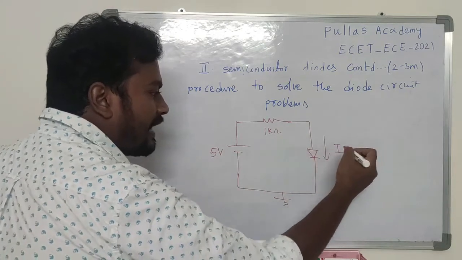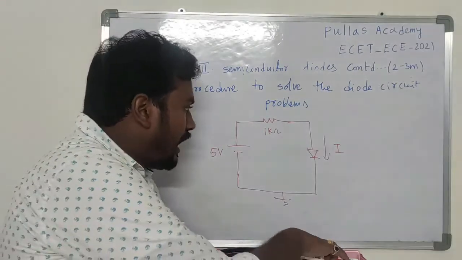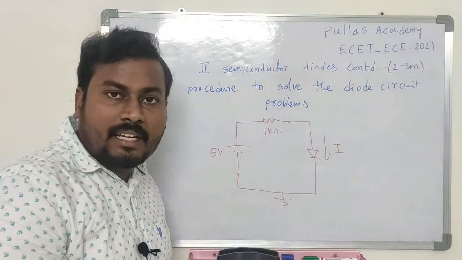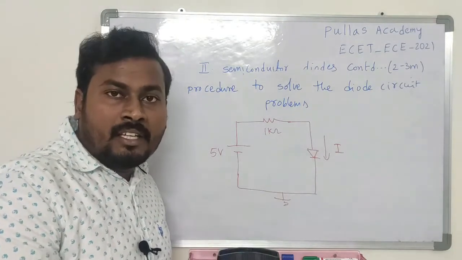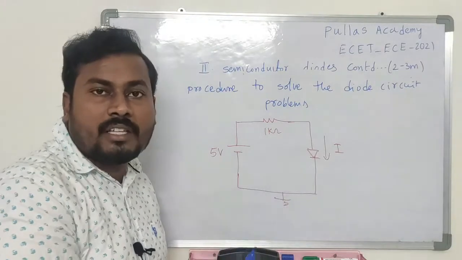As I was mentioning, we need to calculate the current through the diode, and initially we don't know whether this diode is forward biased or reverse biased.